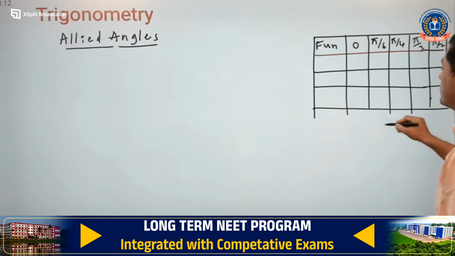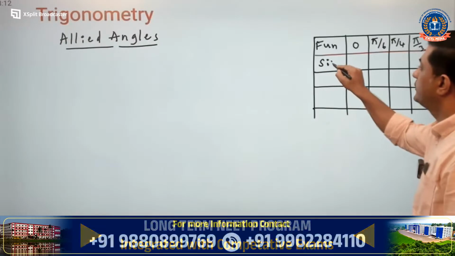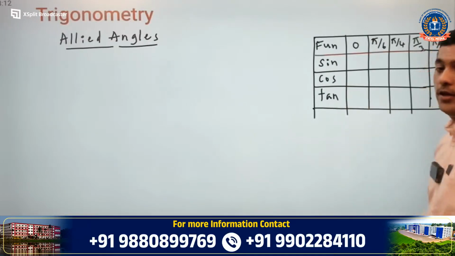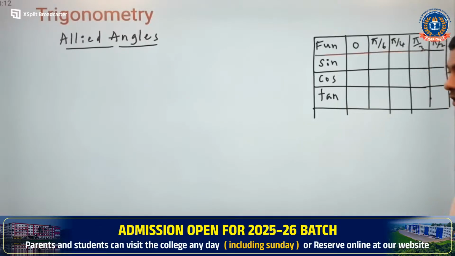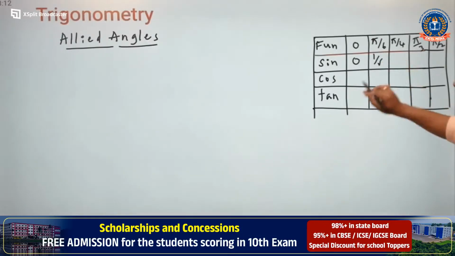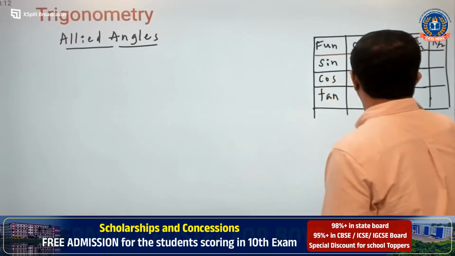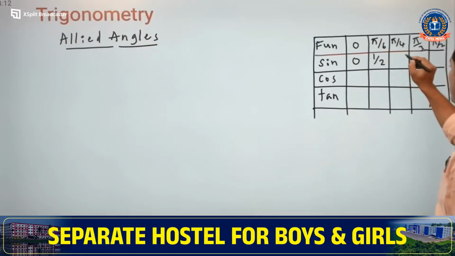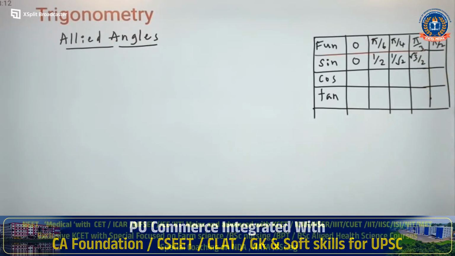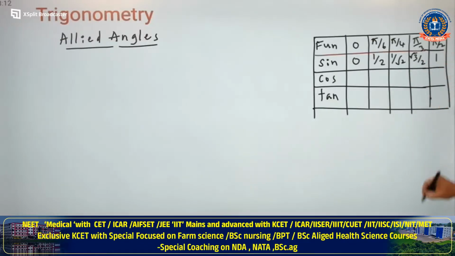Look at the terms. First one is the sine, cos and the tan. This table is very important, it is used everywhere. sin 0 is 0, sin 30 is 1/2, sin pi by 4 is 1/√2, pi by 3 is √3/2, and sin 90 is 1.